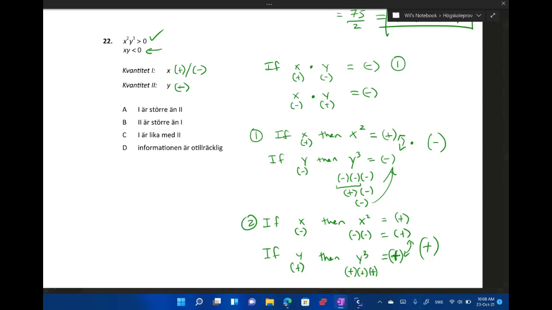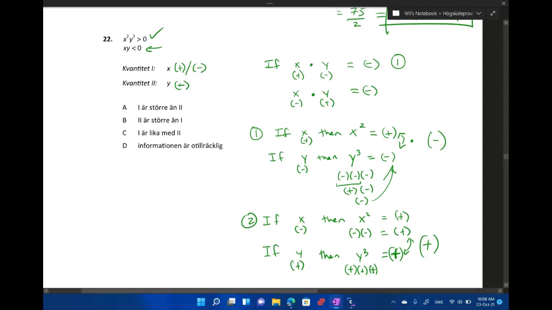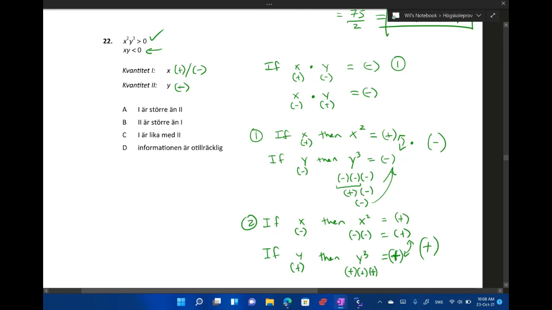So it says that option 1 is bigger than option 2. Well, yeah, that could happen if x was negative, right? Option 2 says 2 is bigger than 1. Yeah, it could be. And then option 3, they're the same. Yeah, they could be.